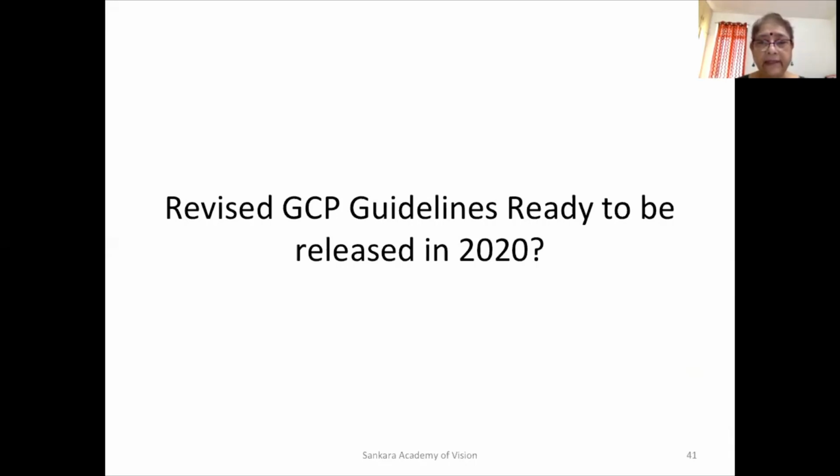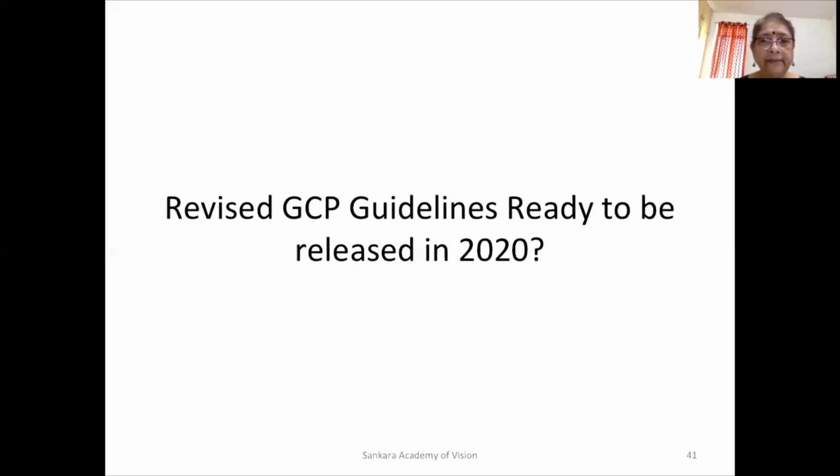And that's what I said, that I understand that it's ready. But the regulator, the Drug Controller General of India, who is now to be termed the Central Licensing Authority, has to approve it.